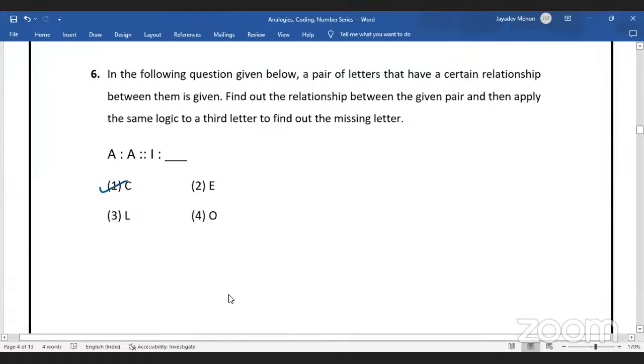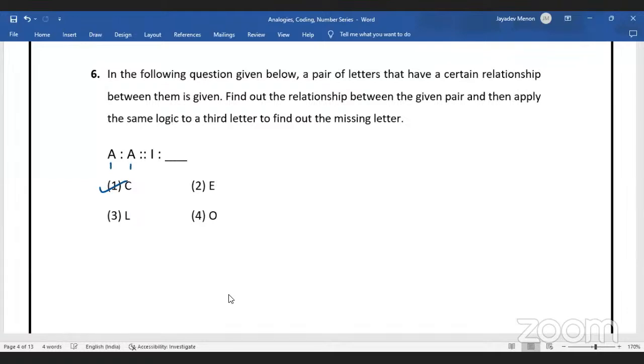So in the first pair, we have A and A. If they are using the same letter, then in the missing pair, the missing letter should be I. But I is not in our options. So they used some other concept. To identify the pattern, we will look at their alphabetical positions. Alphabetical position of A is 1.